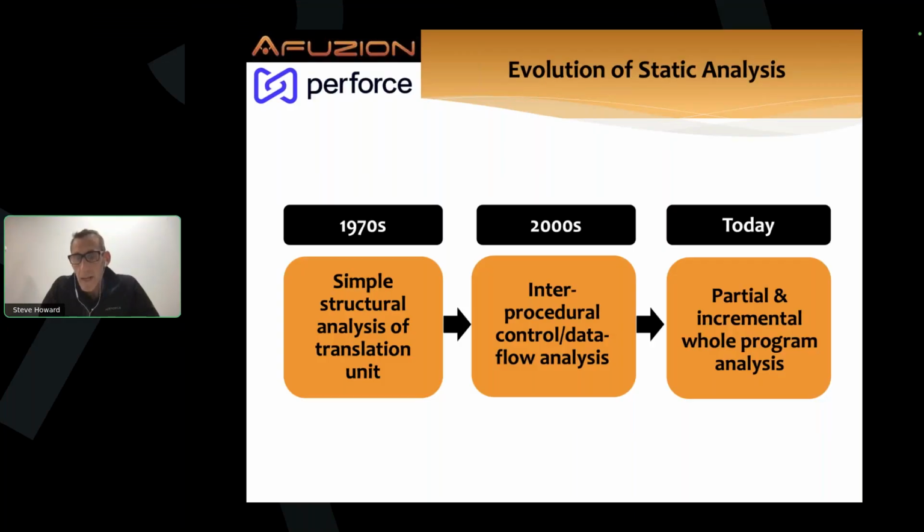Now we have tools which are able to simulate control flow and data flow through the entire system, and in an interprocedural manner. So it's actually looking at the whole code base as one, and looking at how it would behave when all put together. Things have evolved further since then, where we can use those same algorithms but do it on a partial basis.